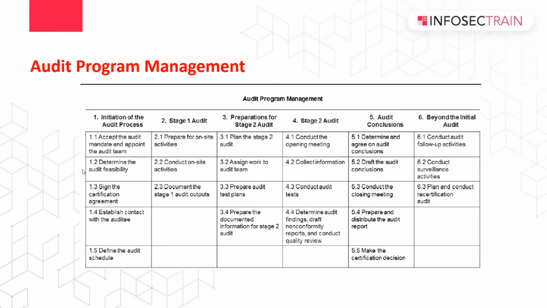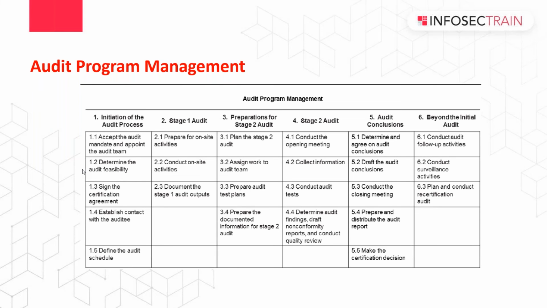Now once this has been done, after that we go with a stage 2 audit, the preparation of a stage 2 audit. While preparing for a stage 2 audit, what we generally do is plan the stage 2 audit, assign work to your audit team, prepare an audit test plan, prepare the documentation, and inform for the stage 2 audit.